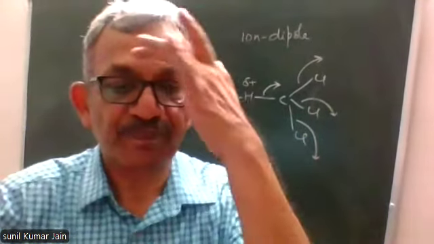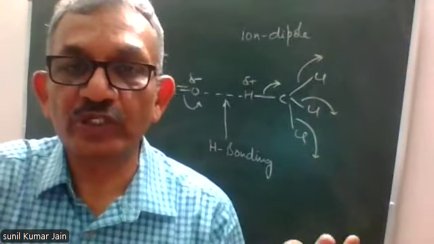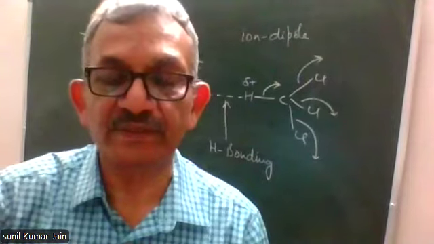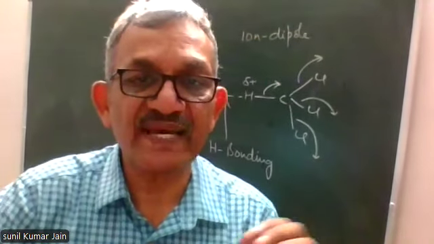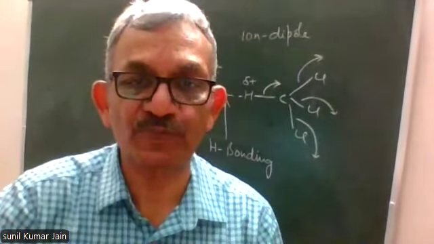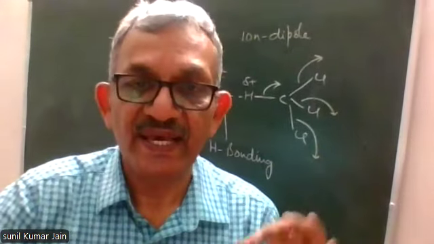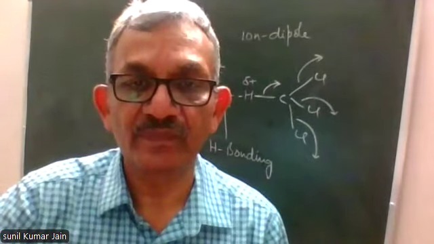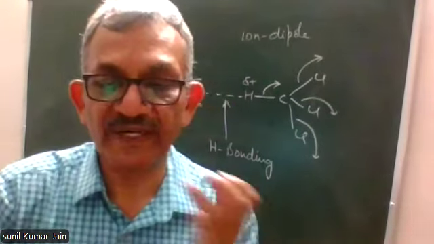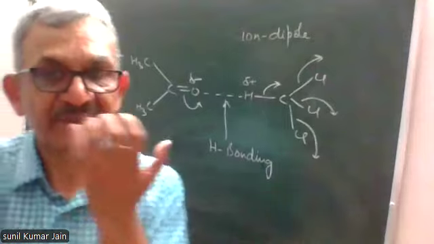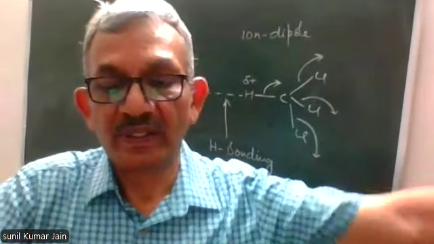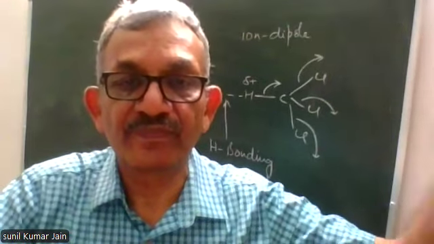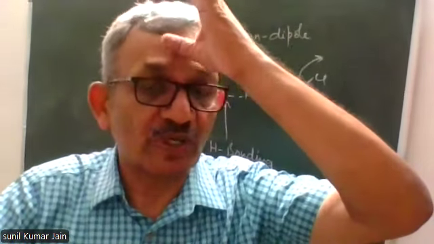Last case, number three. Solution of a protonic acid. Protonic acid means acid which gives hydrogen as H plus ion. Protonic acid and a compound containing lone pair of electrons, which leads to the formation of hydrogen bonding.